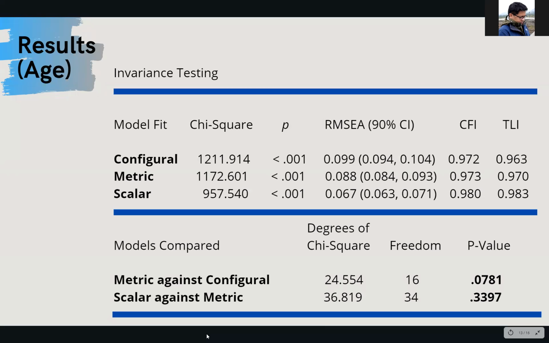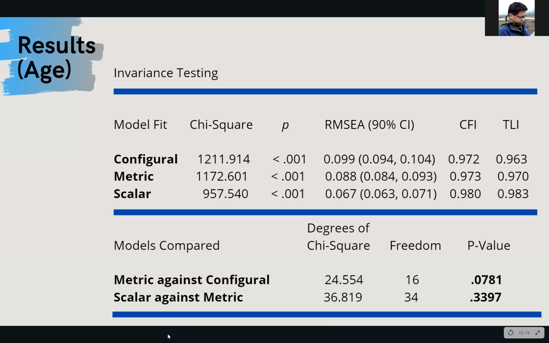For age, results were consistent with the results based on gender. Again, the bottom half of the slide shows the statistically non-significant p-values when we added additional constraints on the parameters.